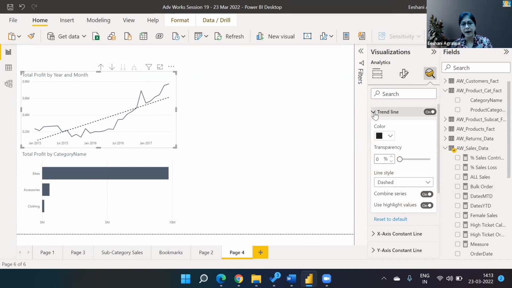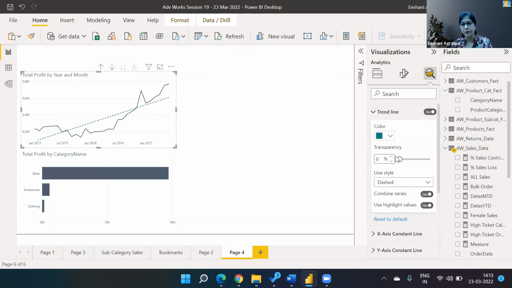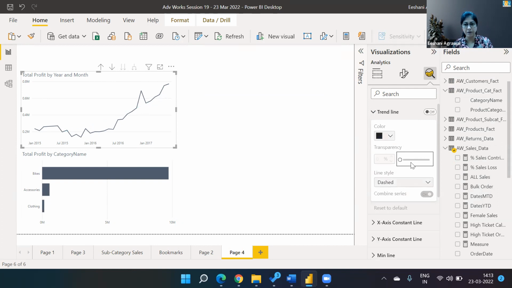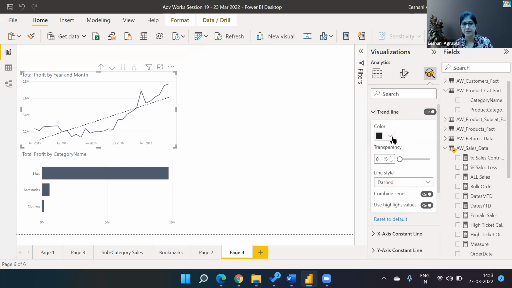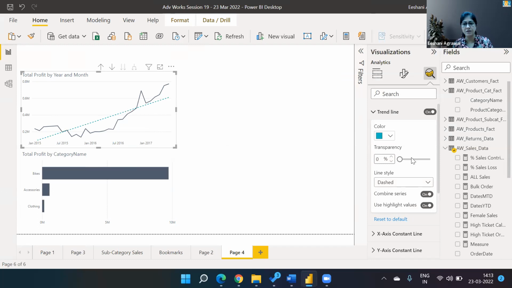Now, if you want to format your trend line in terms of, okay, I want the color to be different, and I want the transparency to be such that I don't want it to overpower my main graph, so I can play around with these things also. Okay, it's back. So you can play around with these colors and decrease the transparency so that it's not overpowering your main thing.